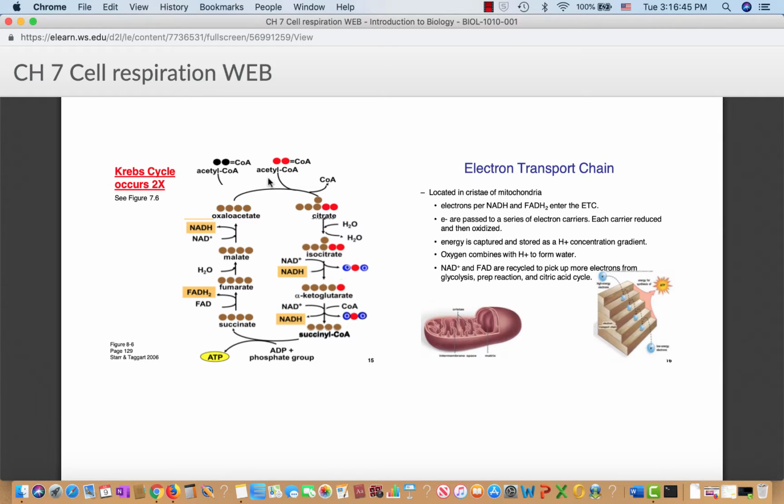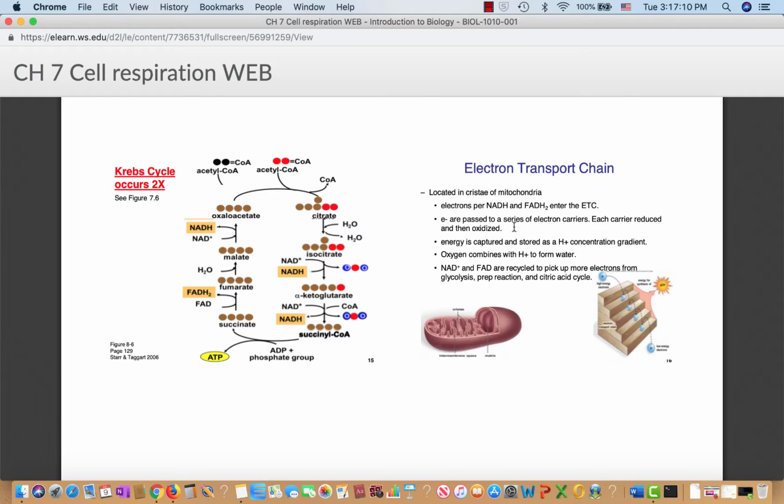So you take all of that and you send it to the electron transport chain, which is located in the cristae of the mitochondria. Again, just knowing it's in the mitochondria is not sufficient. It's the cristae of the mitochondria. You get electrons from your NADH and your FADH2, and they enter the electron transport chain.